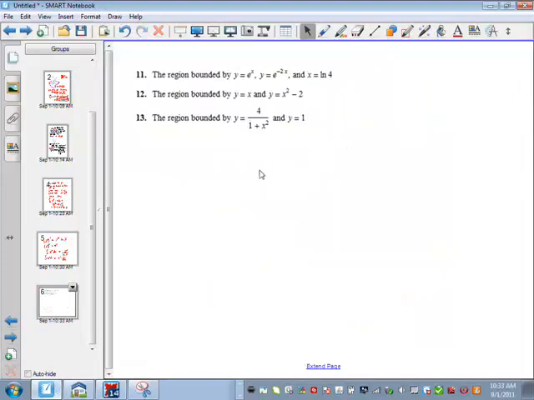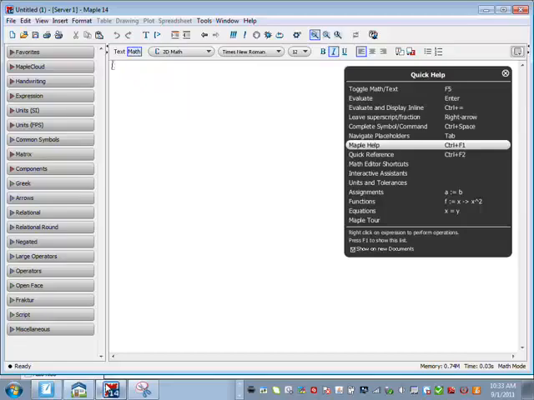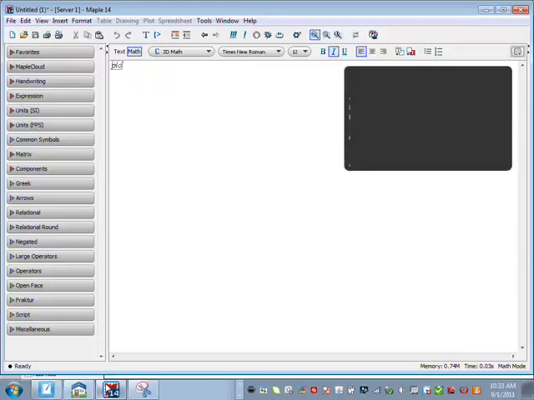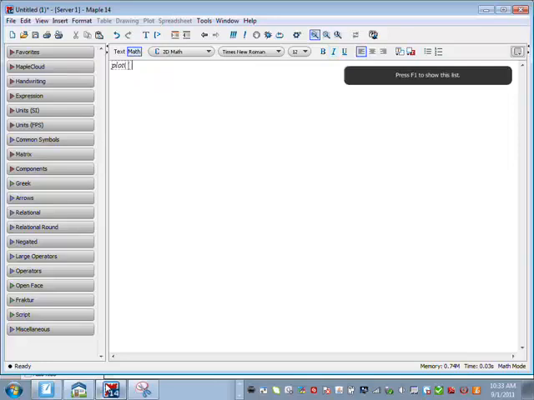e to the x, e to the minus 2x, and x equals the natural log of 4. All right, so let's get a picture of that. Plot together e to the, here we use the exponential of x, the exponential of minus 2x, and x is going from, did it say 0?